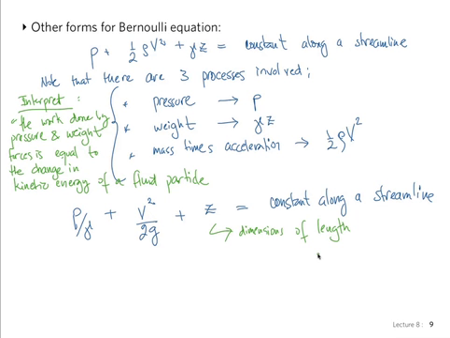When we have units of length and we're measuring pressures and so on, it's what we call the heads, if you recall the pressure head. So this term is called, from just tradition of civil engineering, the pressure head. This one is the velocity head. And z is the elevation head. And in this form, it is used very often for things like perhaps a pipe that comes down a hill, and we want to calculate the velocity at the bottom, and so on. We're going to use it in these sorts of forms.